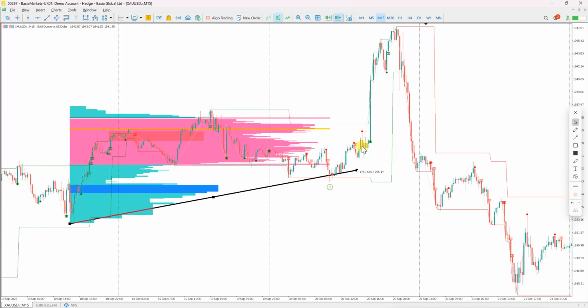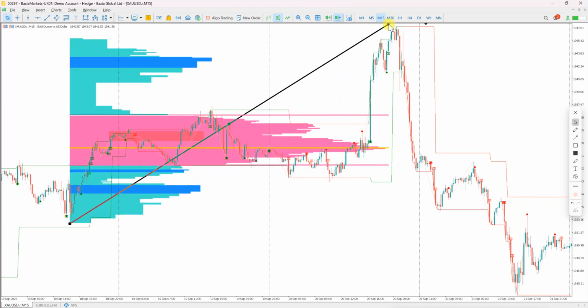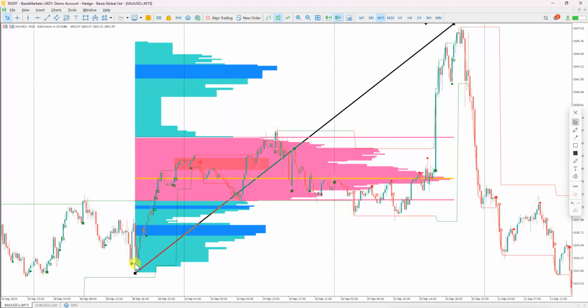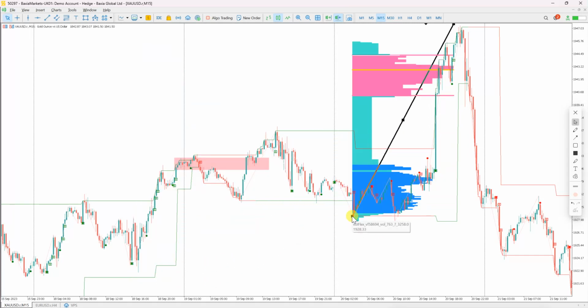And then let's go, it moved higher. Let's plot this from the new swing low. Let's say from here.